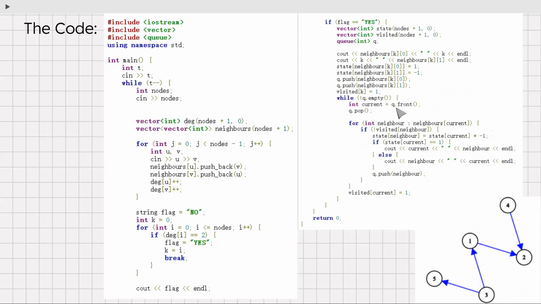If it's currently an outgoing node that we're standing on, we take the current node as the departure and the neighboring node as the destination. If not, then the other way around: the neighbor is the departure and our current node is the destination. And then, of course, we'll push all our neighbors that have not been visited into our queue.